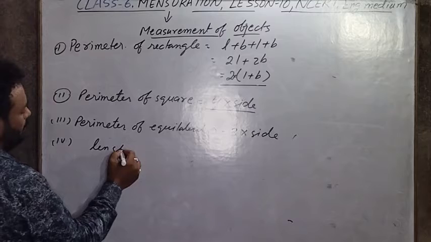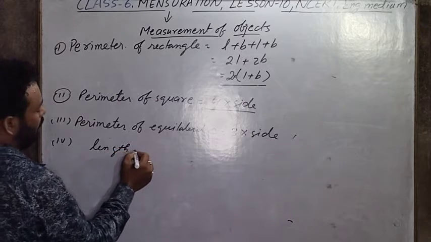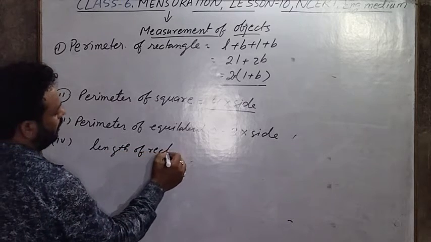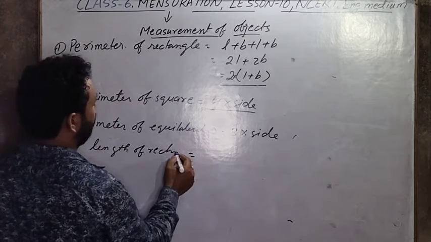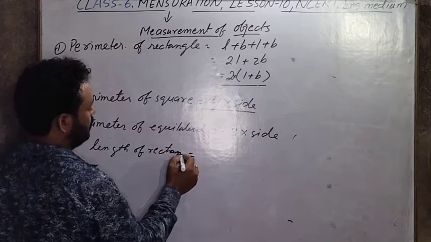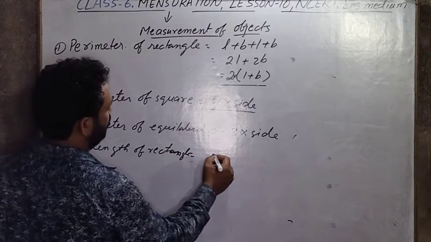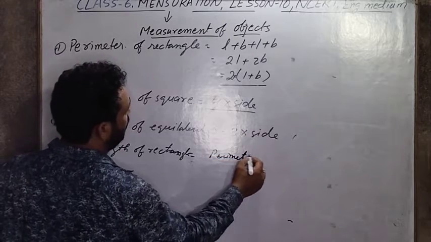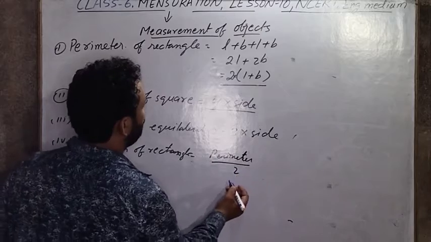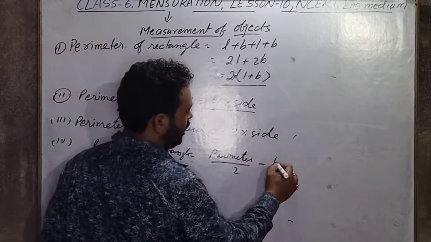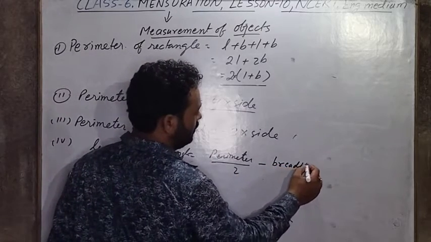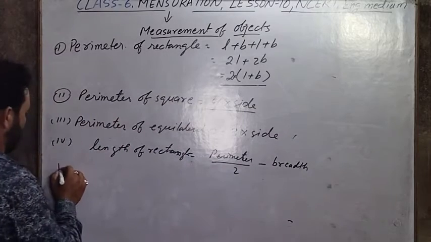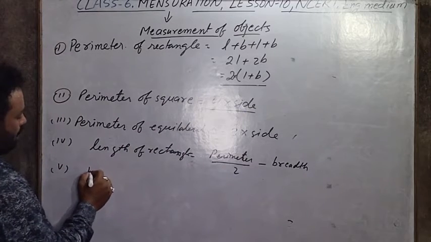Length of rectangle is equal to perimeter by 2 minus breadth.